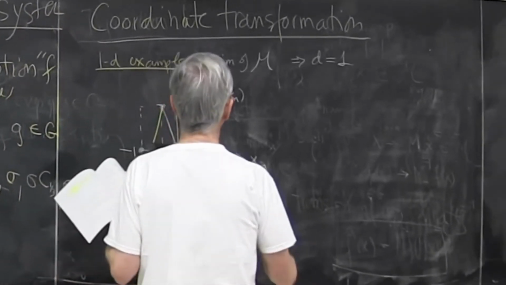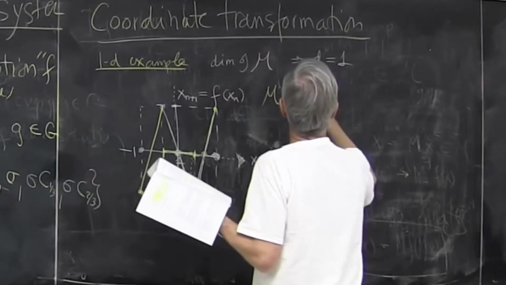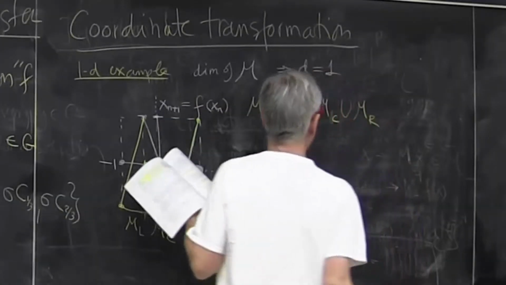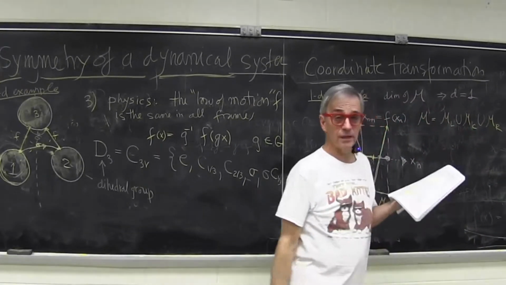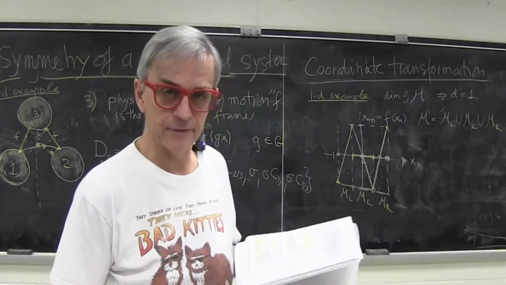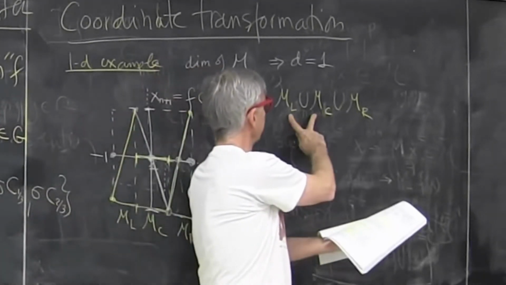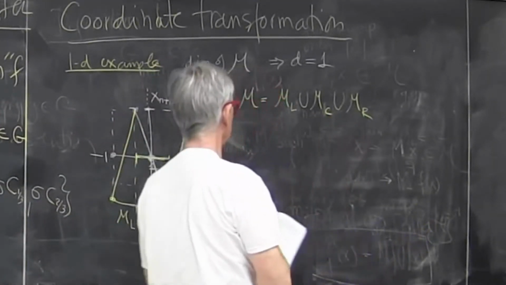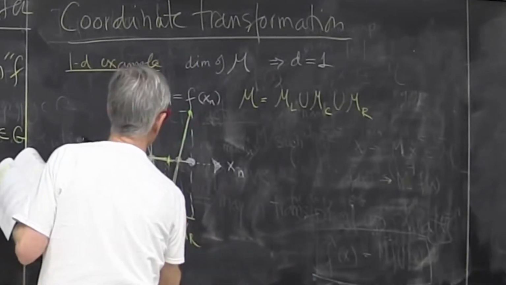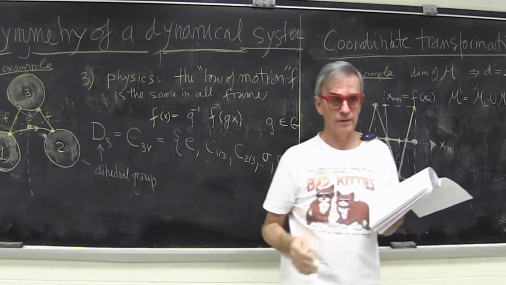So M is the union of M_L, M_C and M_R, correct? And the unions, actually, that's fuzzed over in the book, and I'll be grateful if you help me clean it up. You also care about the fact that these things overlap, so that these points here belong to both sets. So border points are very important.